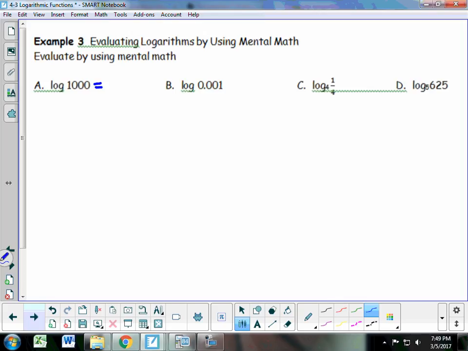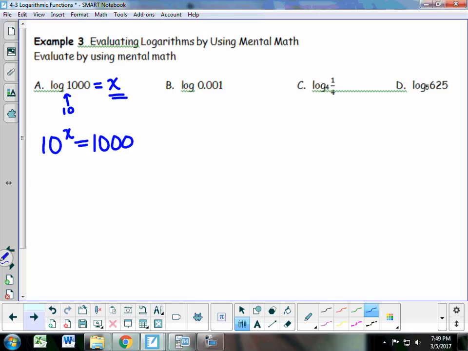And it's a common logarithm because notice that there's no base here. But let's set it equal to x. So now it's in logarithmic form. How would we convert that into exponential form? Well, since we know that there's a 10 in the base there, it's base 10 raised to the power of x. It's equal to 1,000.